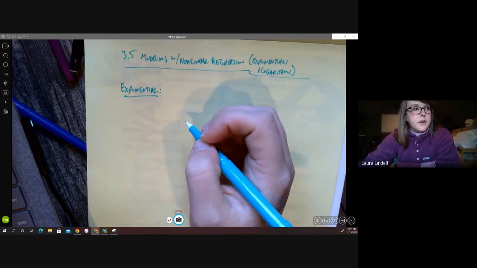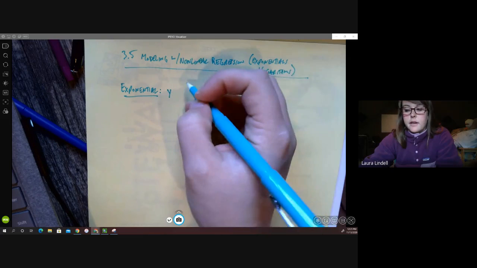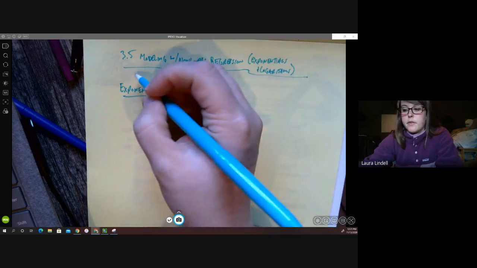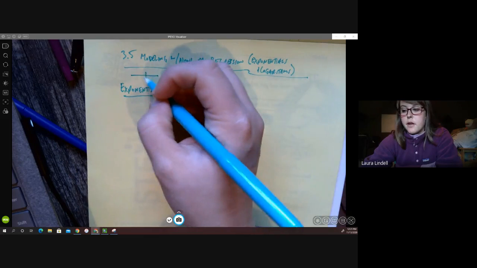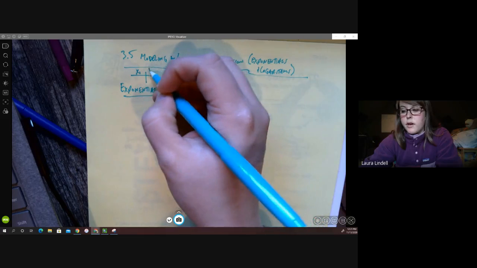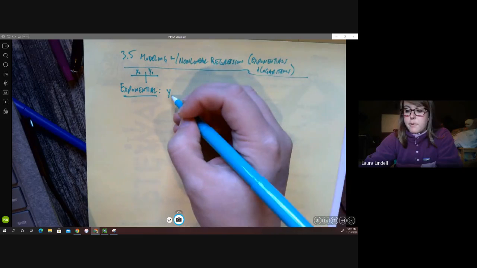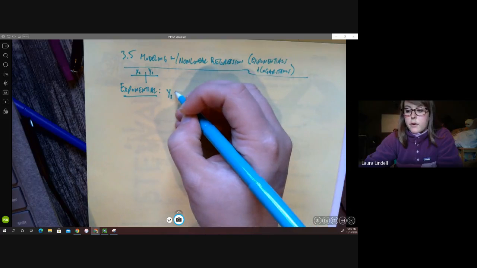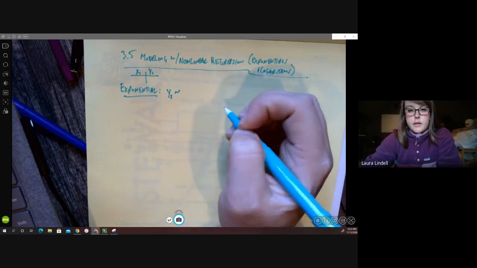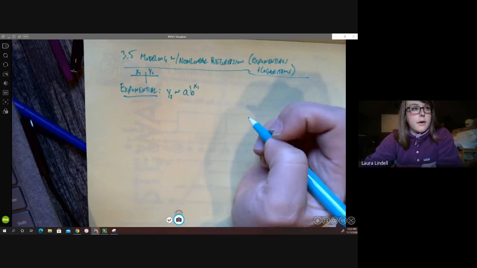If I'm going to find my exponential of best fit, and we made our tables in Desmos, the first step always is to make a table, and one of your table columns is x1 and the other is y1. So the exponential that you would type in is y1, that little squiggly, a times b to the x1 power.